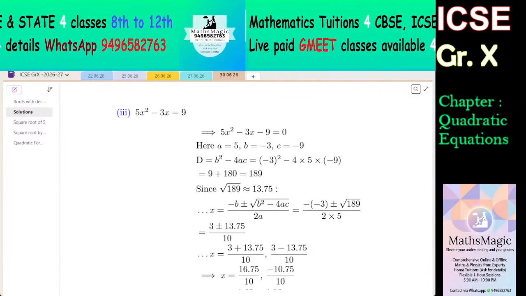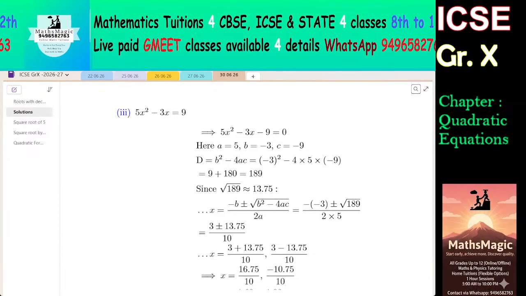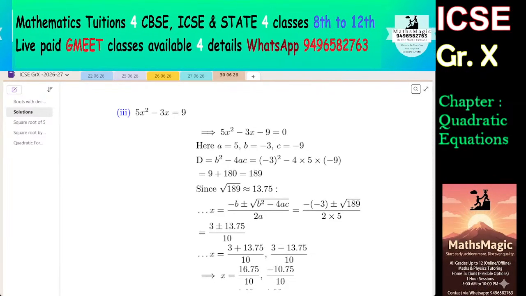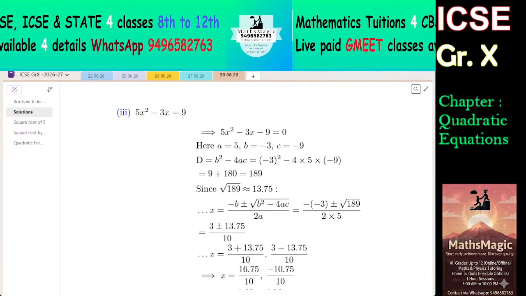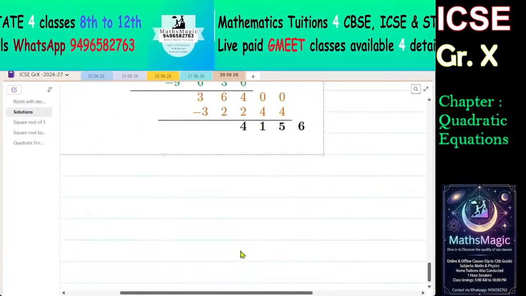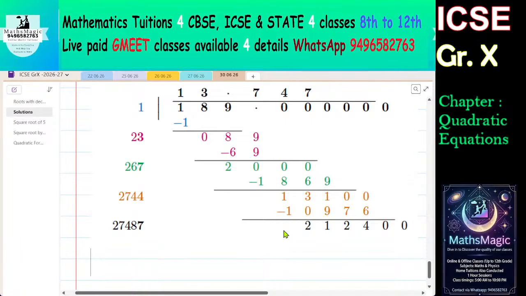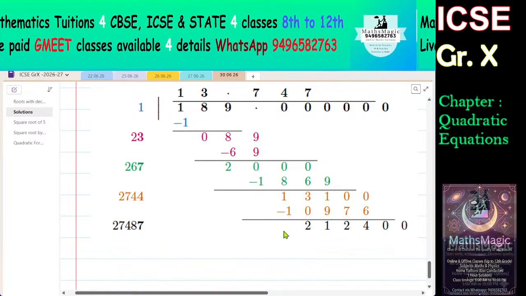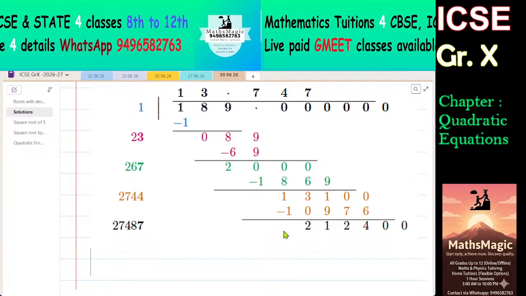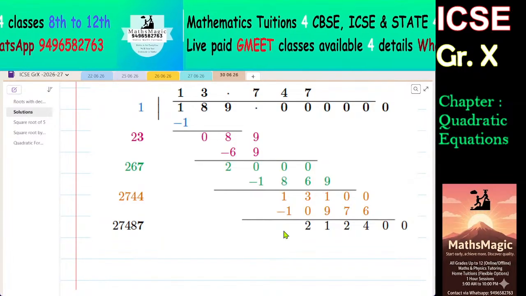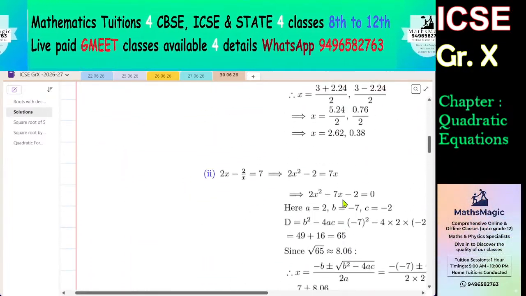Do you have doubt in the square root of 189? I've typewritten it for you. See, this happens: 1 1, double of 1 is 2, 23 3, and so on. Okay, and moving on to the next one.